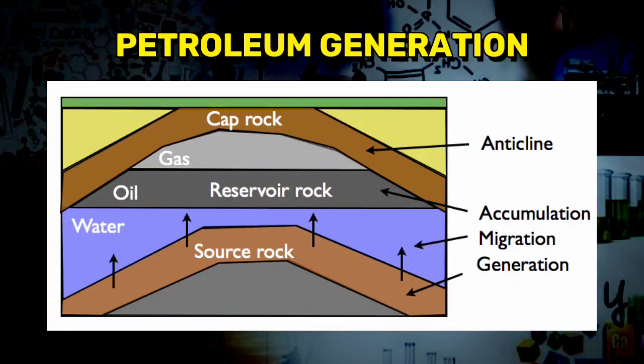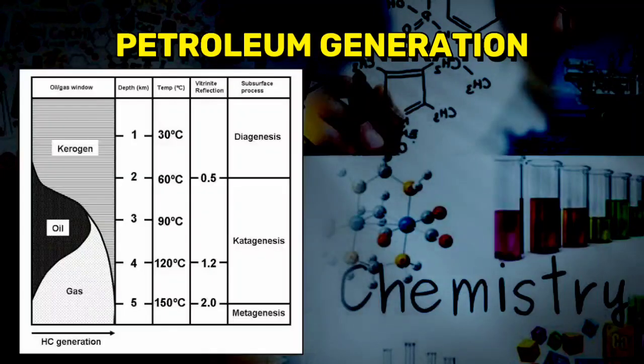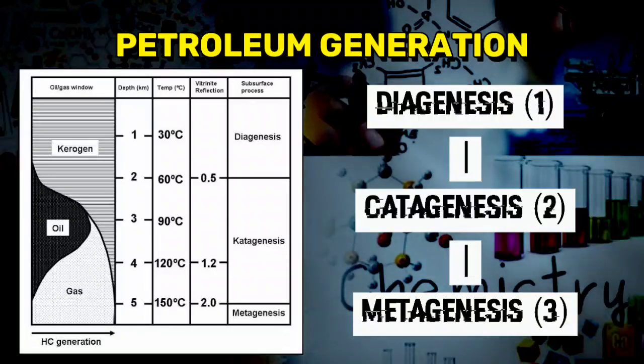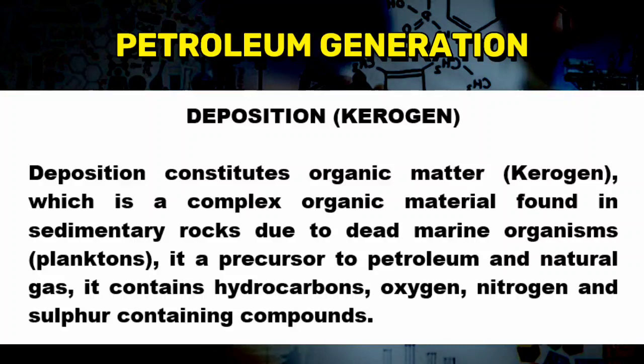Now we have to understand how petroleum is being generated. There are several stages to the production, generation, or we can say the maturation of petroleum. Petroleum maturation or generation is a natural process by which organic matter such as plankton is transformed into crude oil and natural gas.